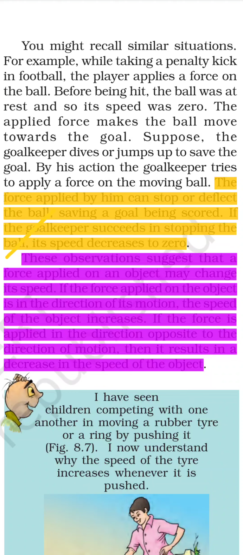These observations suggest that a force applied on an object may change its speed. If the force applied on the object is in the direction of its motion, the speed of the object increases. If the force is applied in the direction opposite to the direction of motion, then it results in a decrease in the speed of an object.